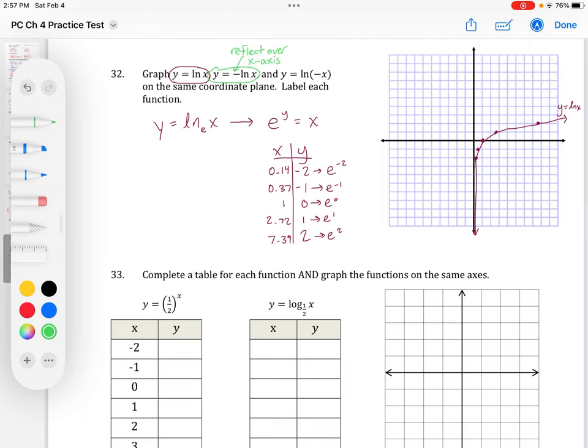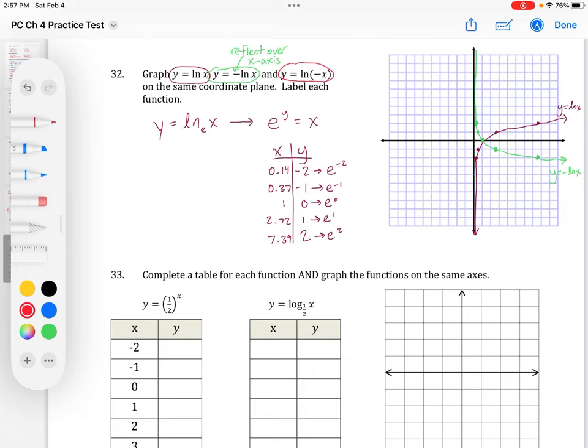We can just take these points that we did in the first one, flip them over the x-axis to get our new graph. For those points I'm graphing in green, you can see. So it goes straight up and then starts to level off as you go to the right. So this is the graph of y equals negative ln of x.